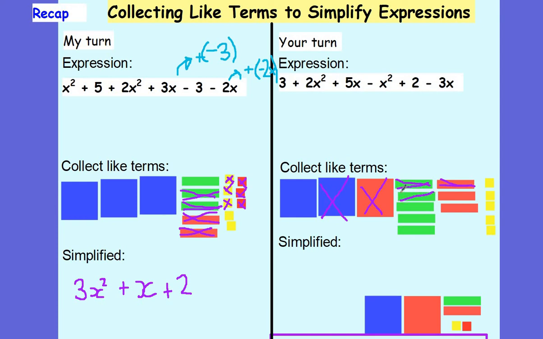Here's another. And here's another. So Josh, what am I left with? Great, I've got 1x squared plus 2x plus positive 5, and I've simplified it.